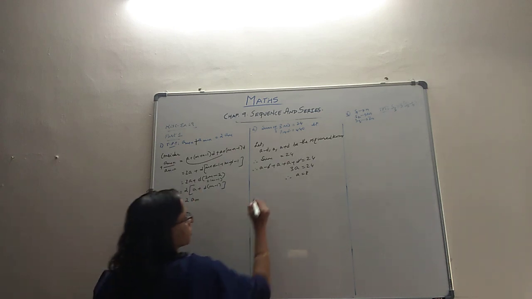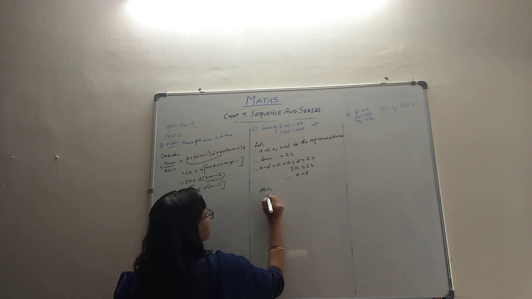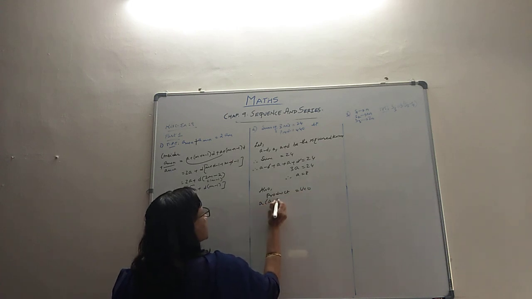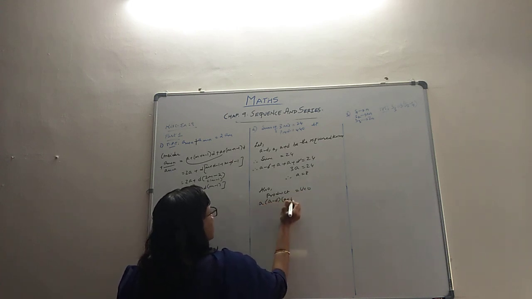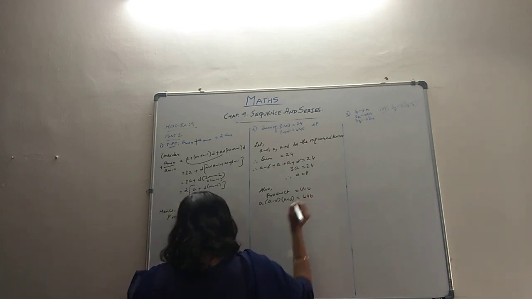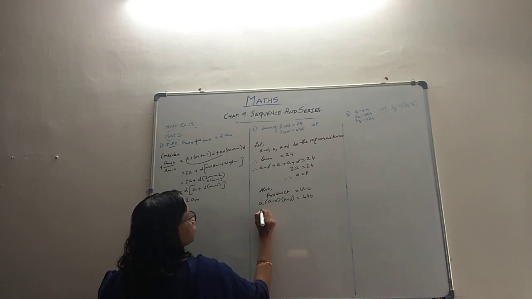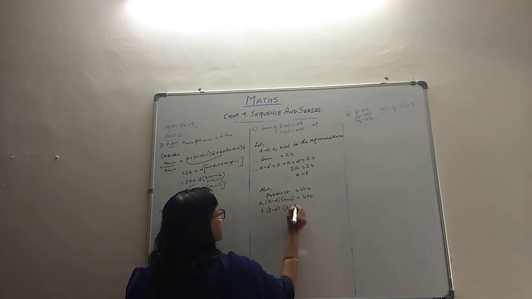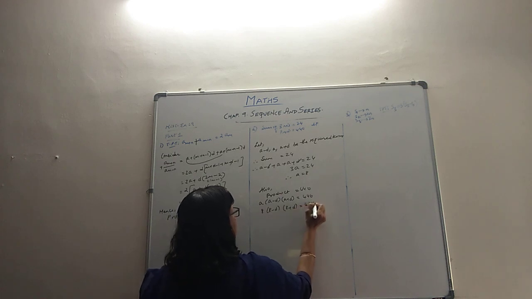They also give us the product. The product is 440, which means it is a into a minus d into a plus d. A for us is 8, so this is 8 into 8 minus d into 8 plus d is equal to 440.